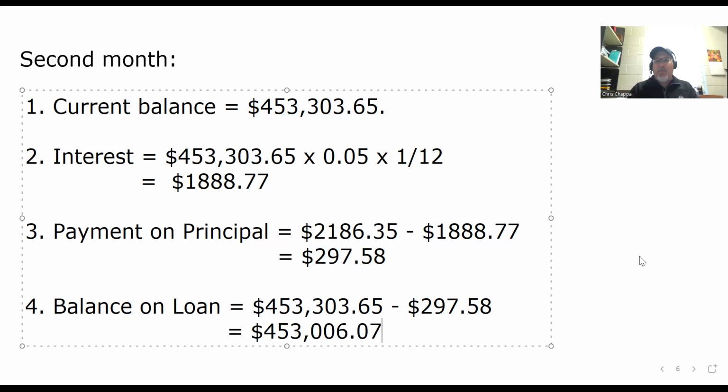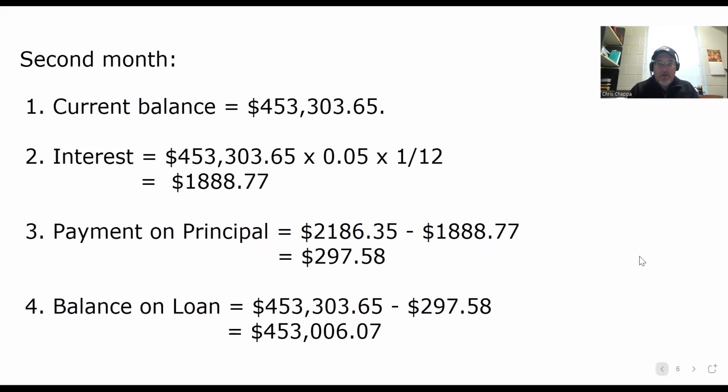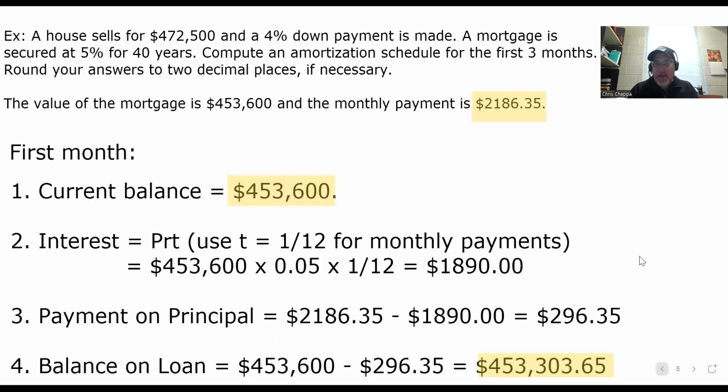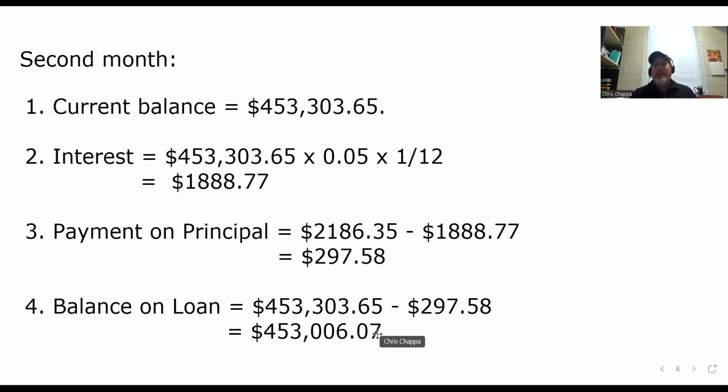And even at this point, when you compare what you're paying up top and what you started out owing, I started out owing $453,600. I made two payments totaling over $4,300, and my balance hasn't even gone down $600. It is very frustrating up front.